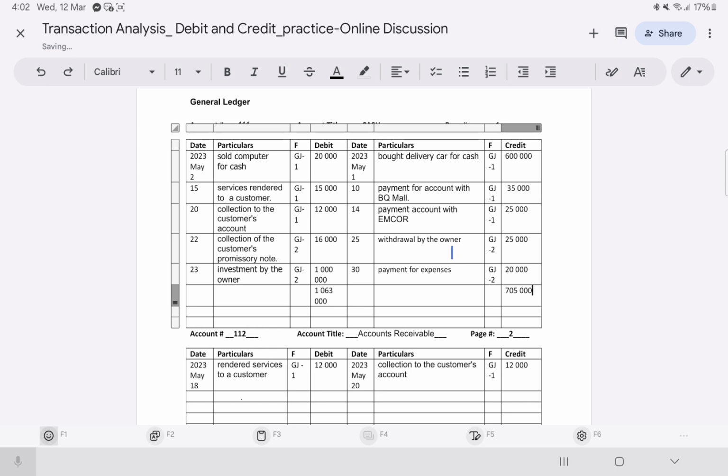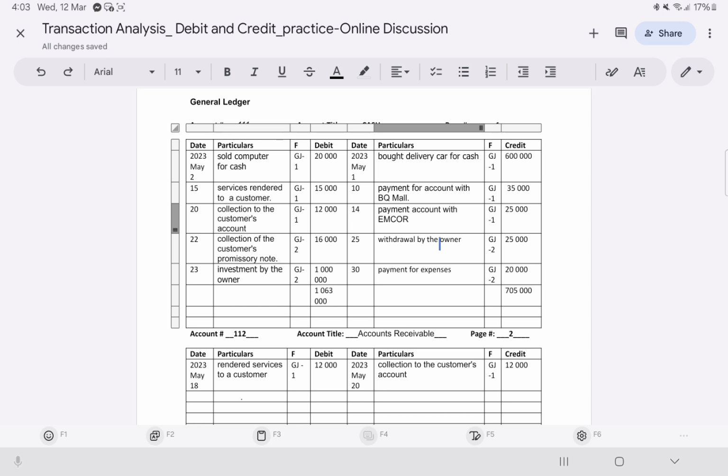Therefore, I'm very particular about the reference, for us to easily check where you went wrong, especially if you are posting to the general ledger, or you might be wrong when you are recording to your general journal. Maybe you forgot, or you weren't able to analyze clearly what would be the debit and the credit. Okay, especially for choosing the accounting titles to be debited and credited.